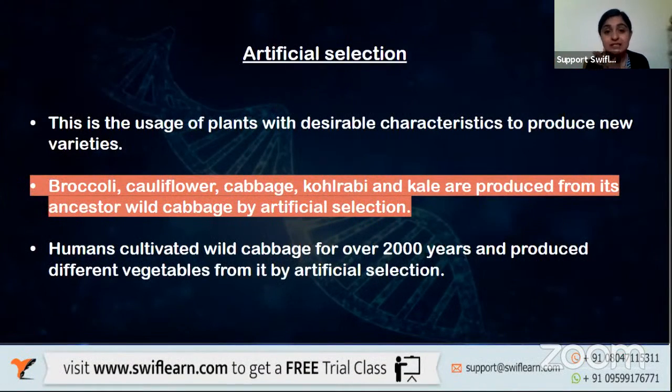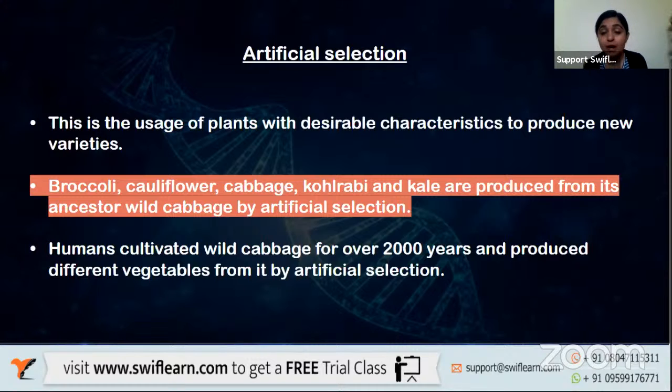Now, what is artificial selection? Artificial selection is the usage of plants with desirable characteristics to produce new varieties. Broccoli, cauliflower, cabbage, collard greens, and kale are produced from their ancestor wild cabbage by artificial selection.